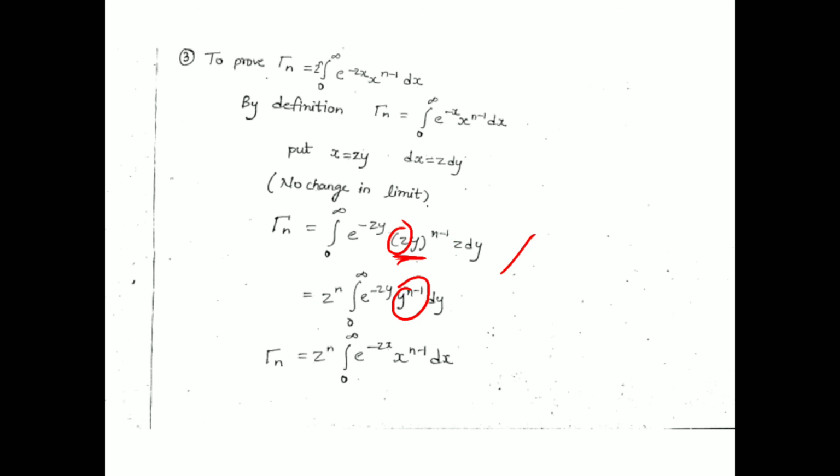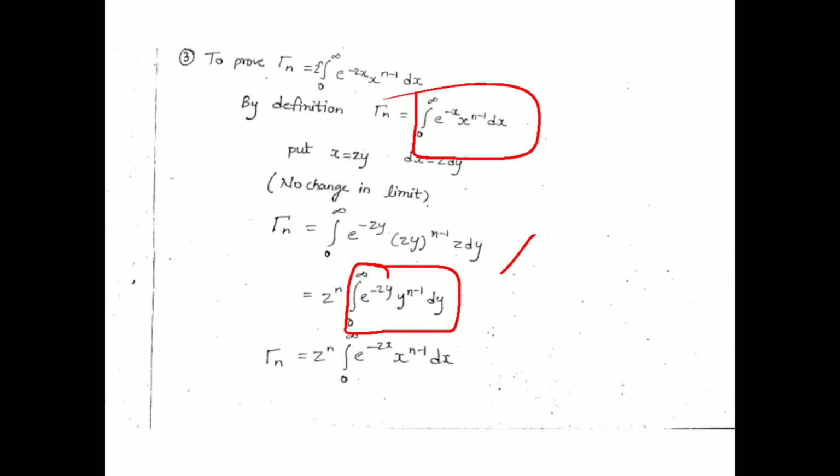So here, this part is of the form integration of 0 to infinity e power minus zy. Actually here what we are doing is replacing y with x.